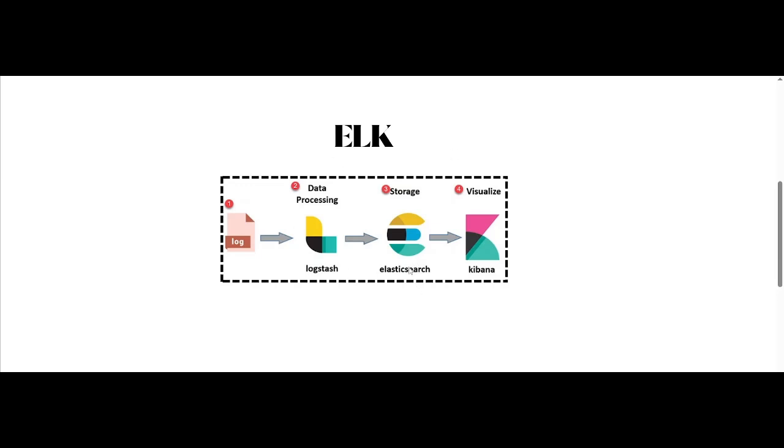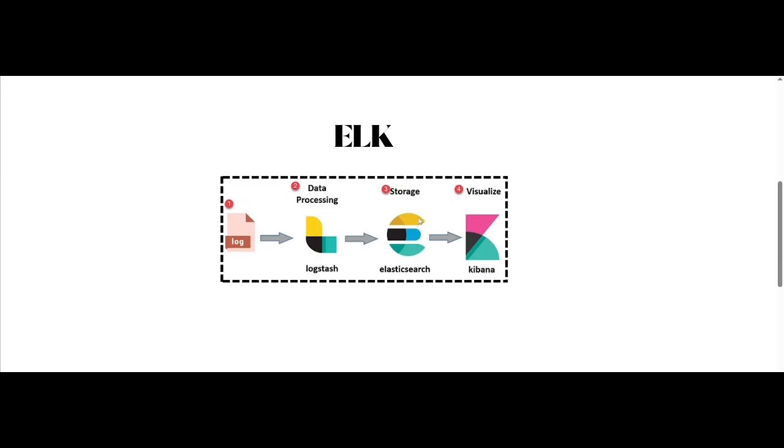Elasticsearch stores all the indexes and your logs, and Logstash collects and processes logs before sending them to Elasticsearch. In this diagram you can see there is a log file, and this log file goes into Logstash, and Logstash does the data processing and transfers these logs to Elasticsearch.